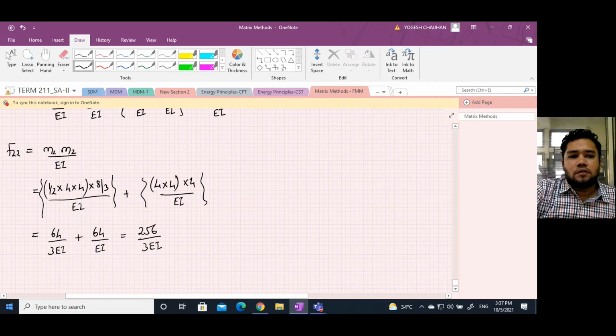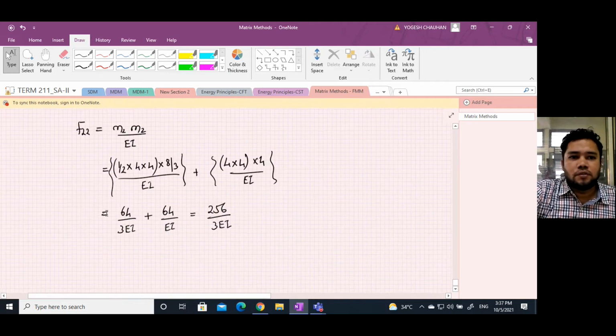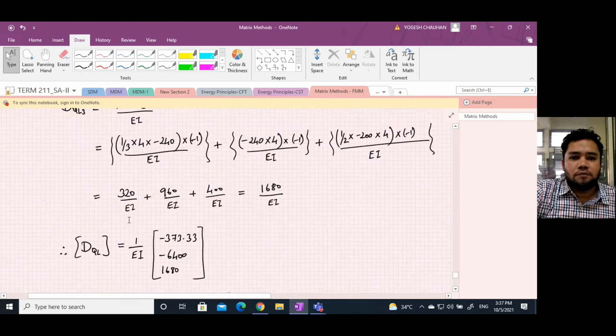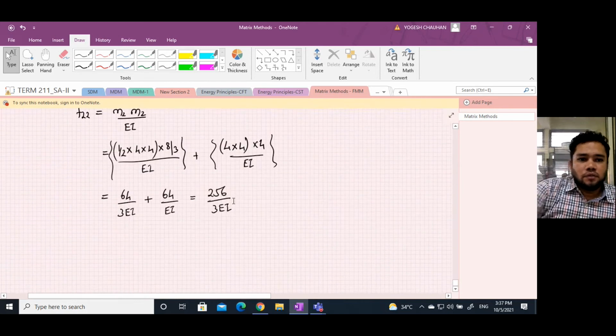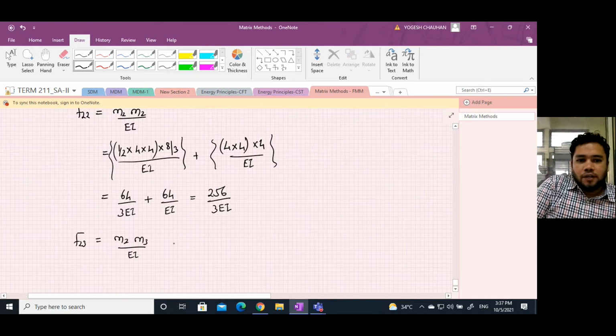Okay. Now we find F23. F23 will be equal to M2 M3 by EI, and it will be same as F32, which will be equal to M3 M2 by EI.